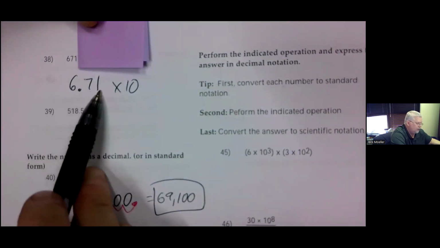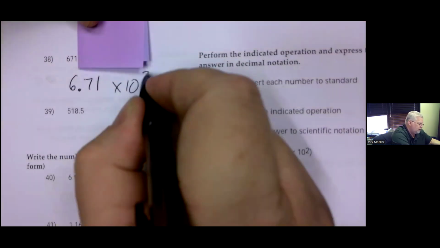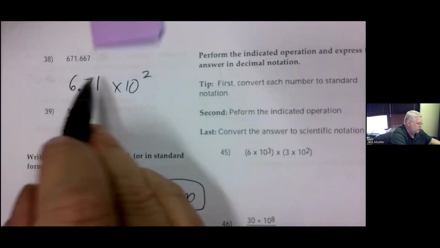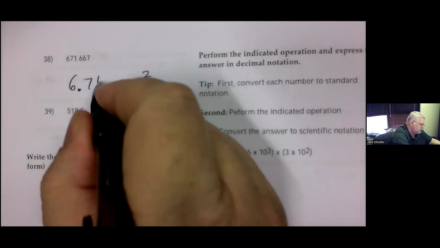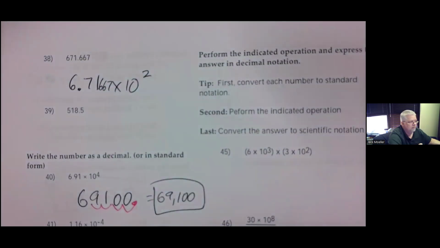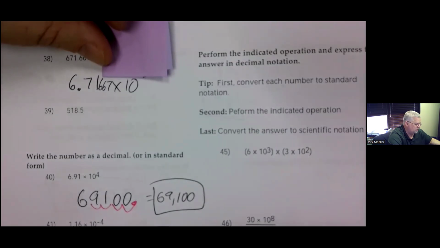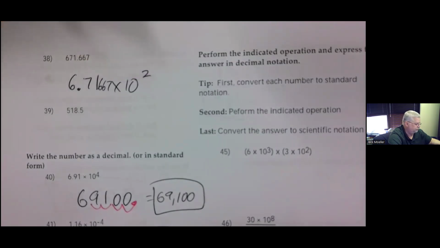Well, it would be 2 places, and it's going to be a positive number because we're dealing with a number bigger than 1. What do you do with the 667? I actually just tack it on at the end. So it's going to be 6.71667 times 10 to the second. So I think that's the easiest way to convert this, is just ignore the decimal initially. That decimal part will just still be part of the decimal part.